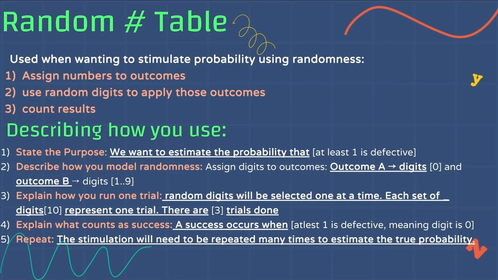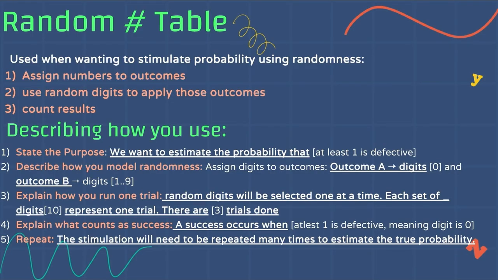So number 1 is to state your purpose. We want to estimate the probability that. Second is to describe how you model randomness. Assign digits to outcomes. Outcome A to blank, outcome B to blank. Explain how you run one trial. Random digits will be selected one at a time. Each set of blank digits represents one trial.